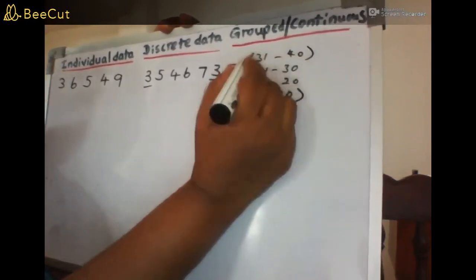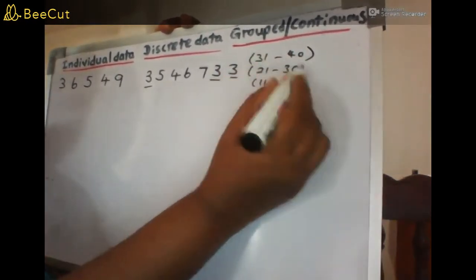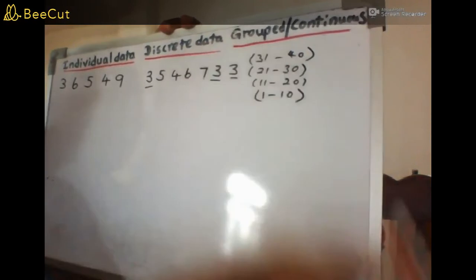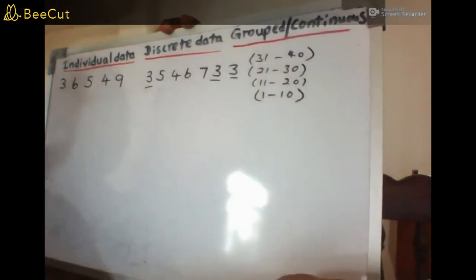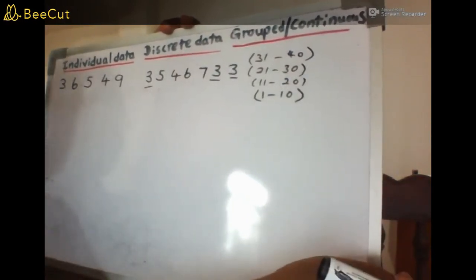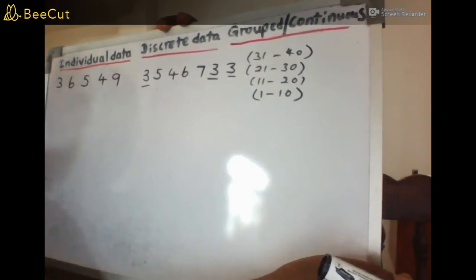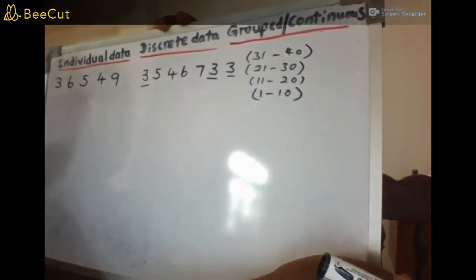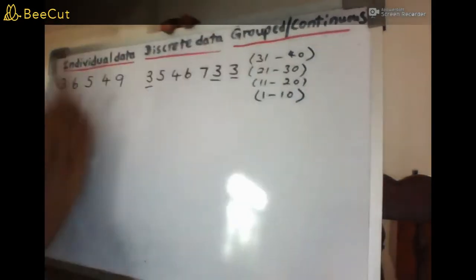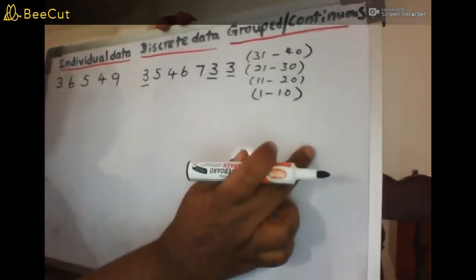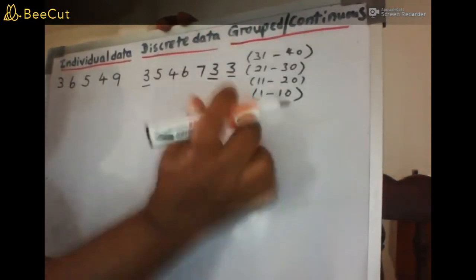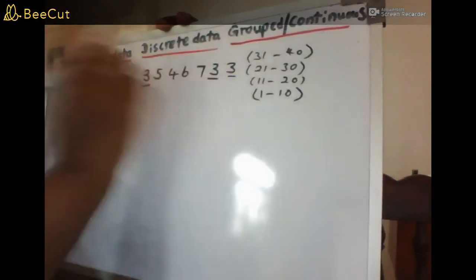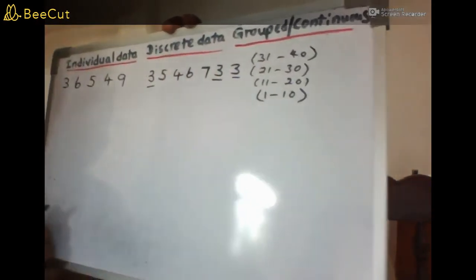Likewise, we group them. These are called grouped data. So we can calculate the measures of central tendency, that means arithmetic mean, mode, median, and standard deviation, range, everything for these 3 types of data. We have done this type, so we don't need to do it. Now we'll see this one.